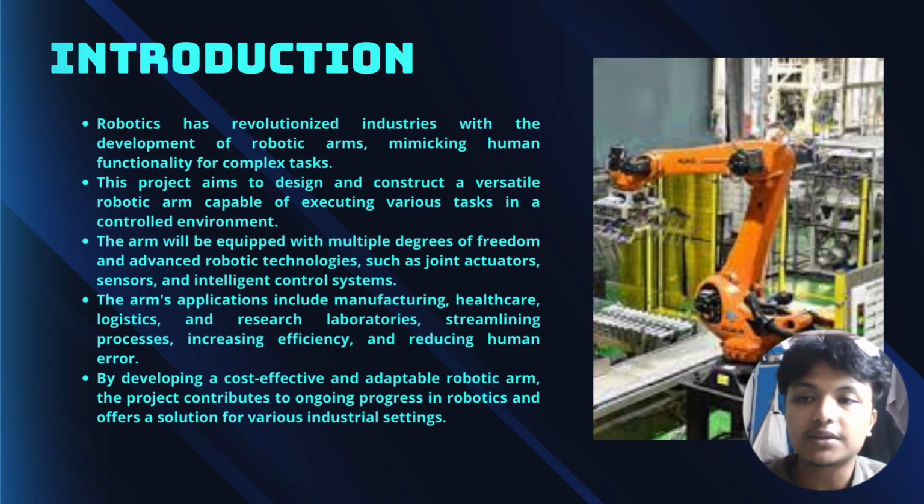These robotic arms are widely used in industries such as medical, research, and even household applications. Overall, these robotic arms have revolutionized many industries by providing increased efficiency, accuracy, and safety in various tasks.